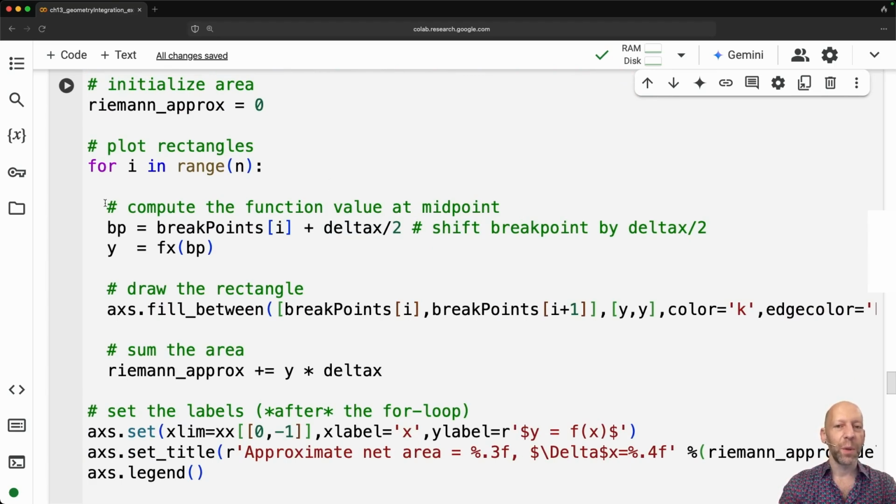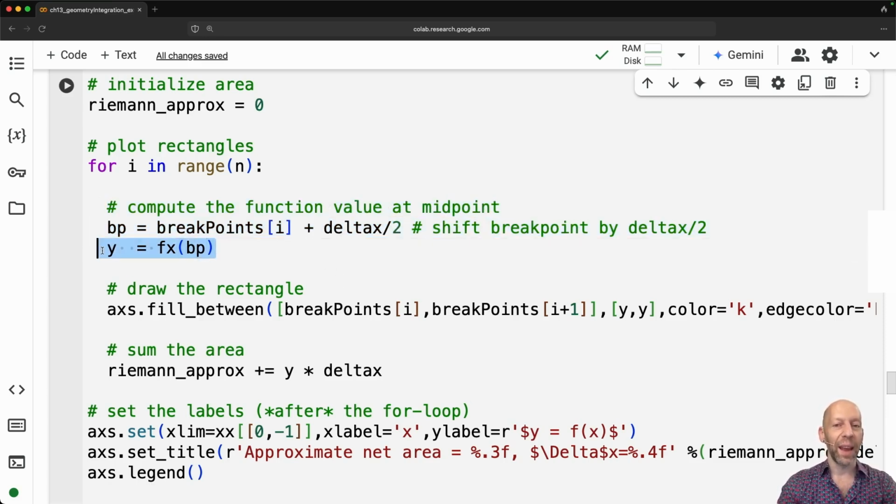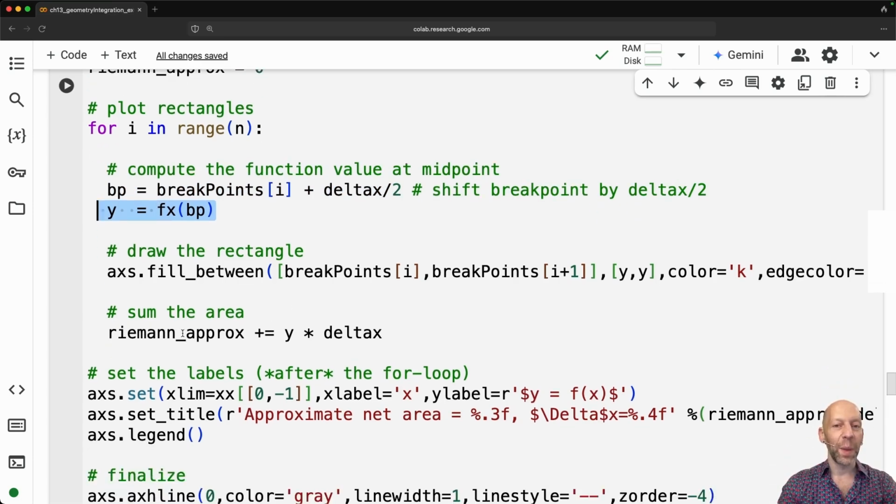So here, because I'm using the midpoint rule, I'm shifting each breakpoint back by delta x over 2, calculate the area, and then sum the total approximate area as the function value times delta x. So this is the function value at the middle, the center between each successive pair of breakpoints.